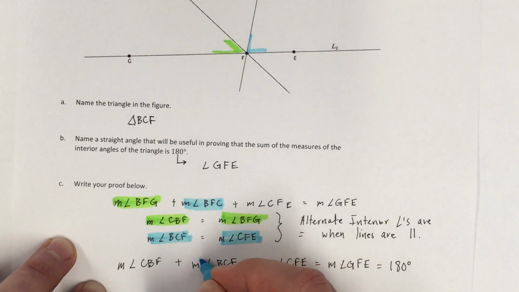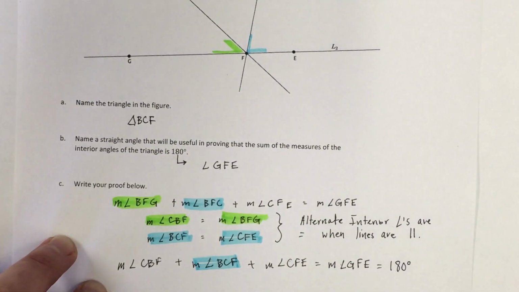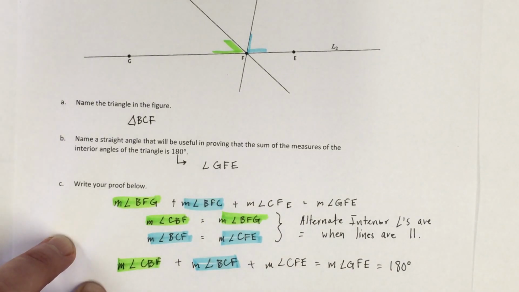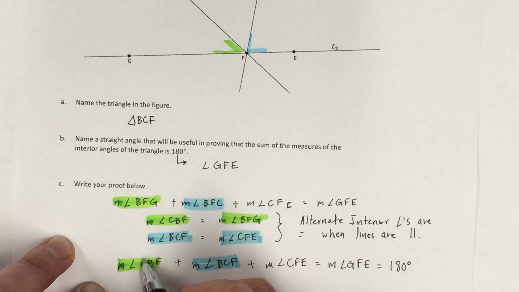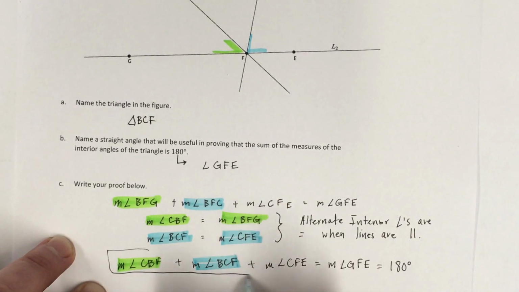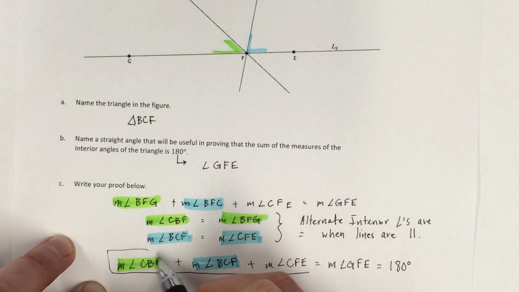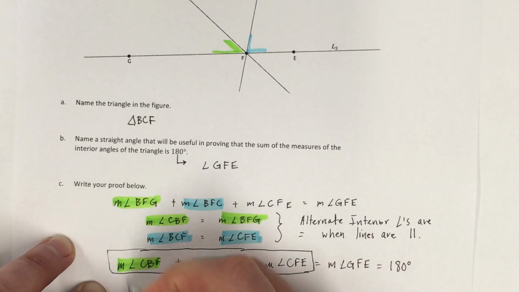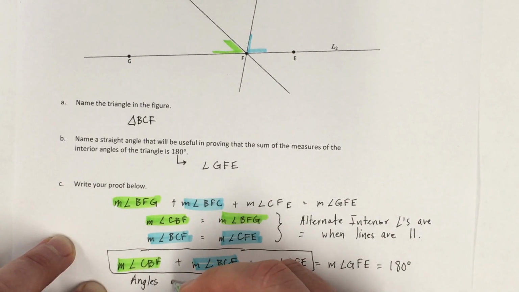So again, if we color code this, here are the substitutions: green for green, blue for blue. And what I can know now, if I look really closely at this, is these three angles are the angles of your triangle.